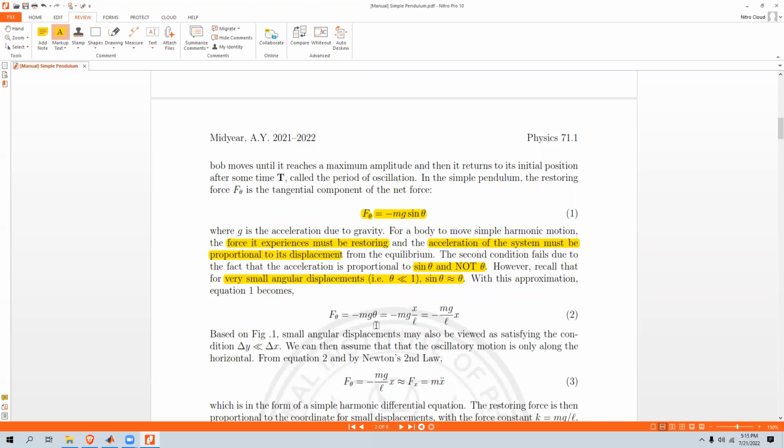The arc length is a relationship between your linear and angular displacements. So in this particular case, theta can be expressed as x, a linear displacement, over L, which is your pendulum string length, which acts as your arc length. So we can rewrite the force as negative mg x over L.